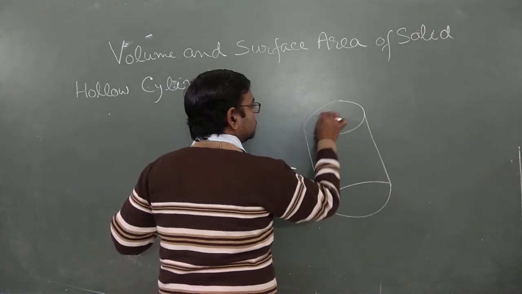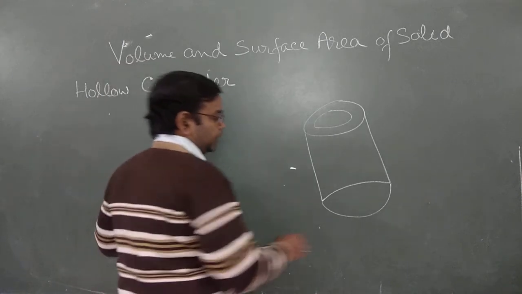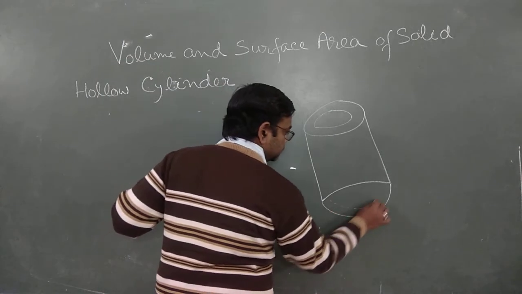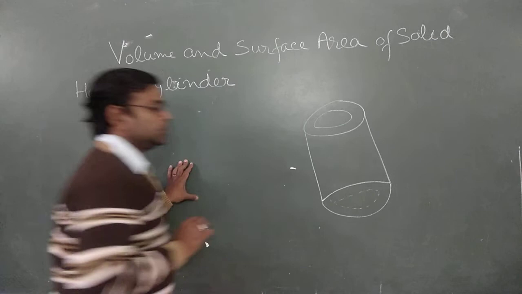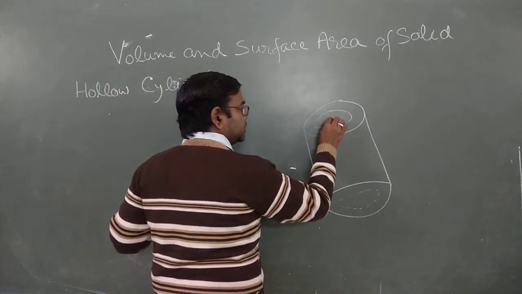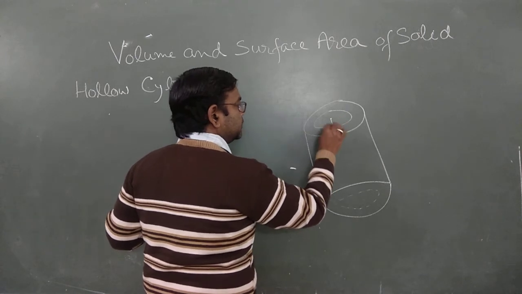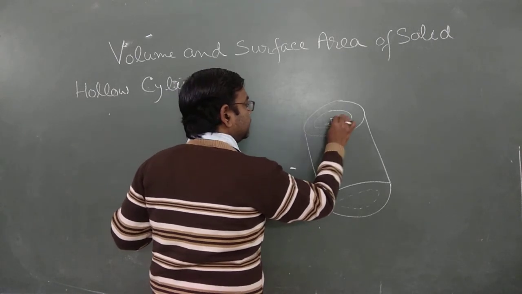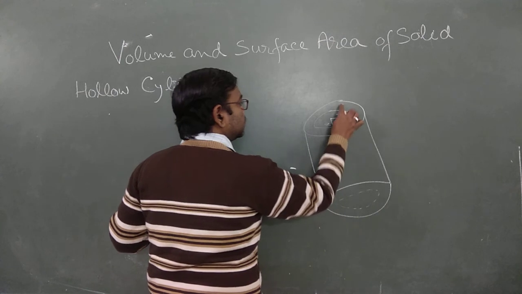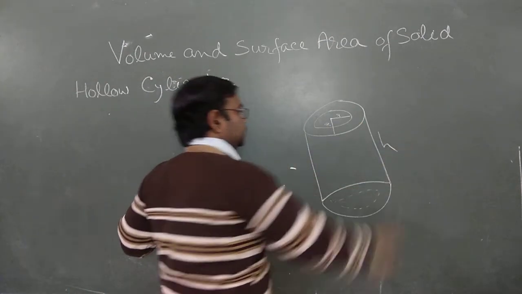Clear? Like this, this is the bottom side. Likewise, they are open from both ends. So if this is the center, this is your capital R, this is your small r, both are concentric. We have a height h.